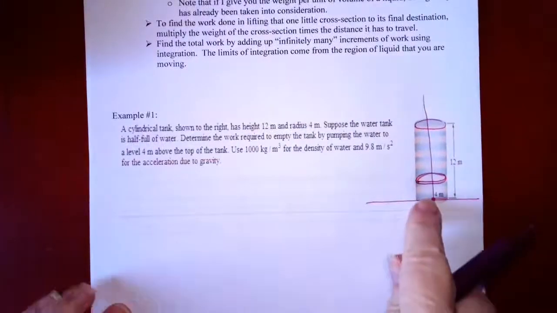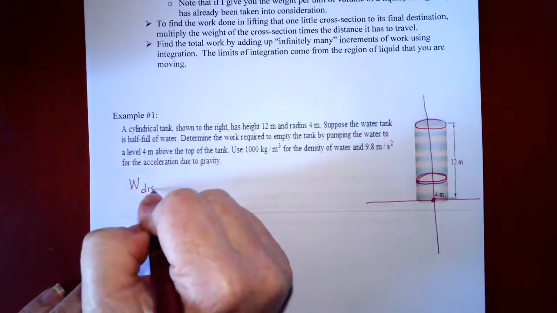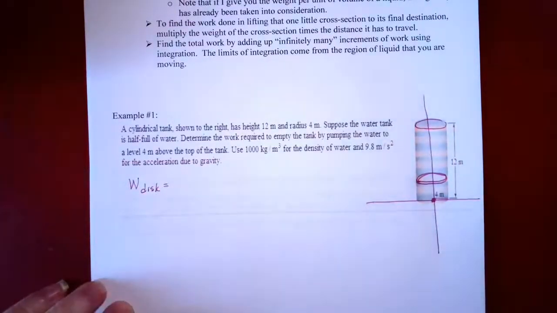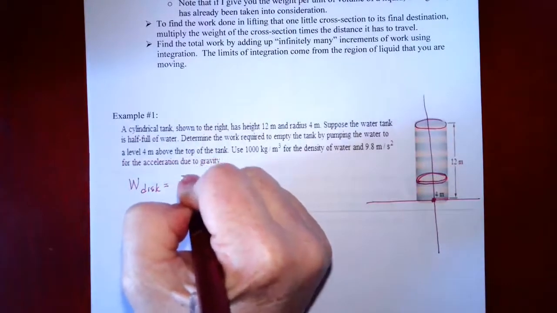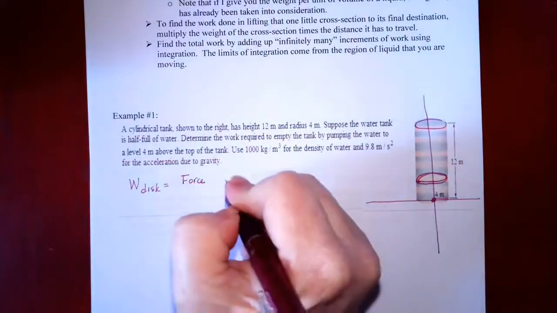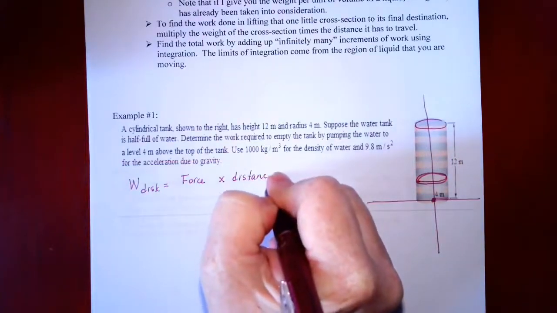So what I want to do is figure out the work required to lift one little disc. Now, the work required to lift that disc is going to be the force required to lift it times the distance that it has to travel.